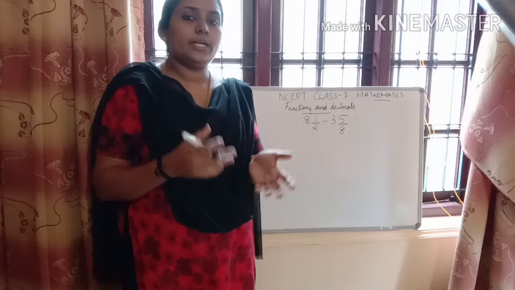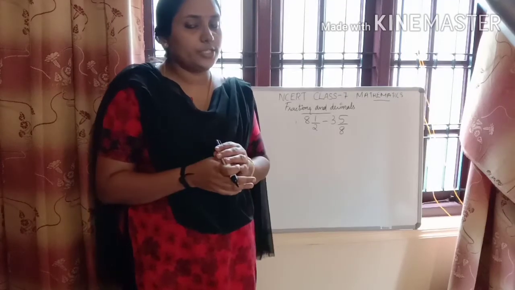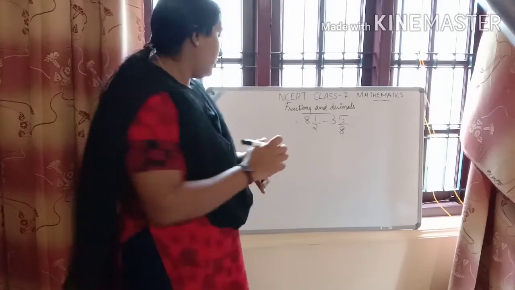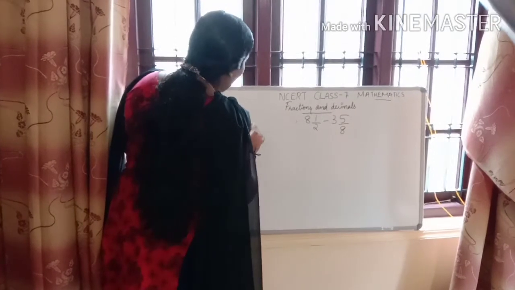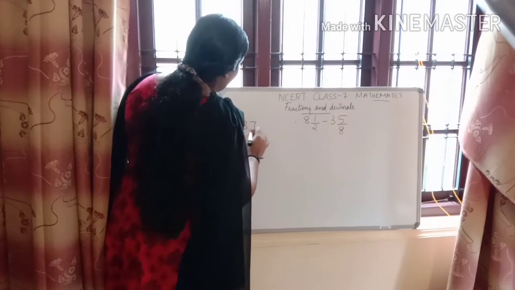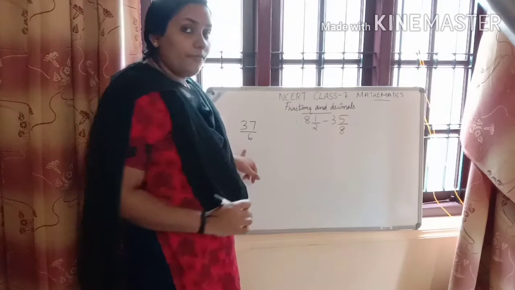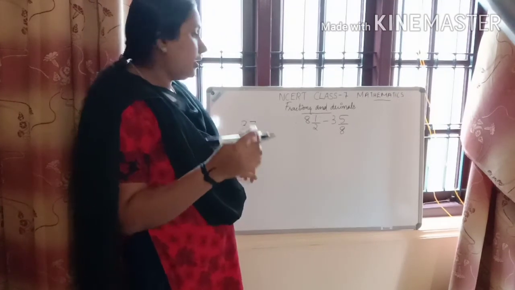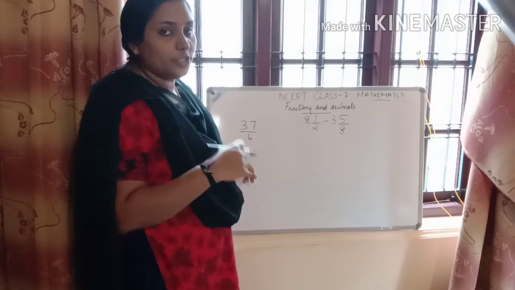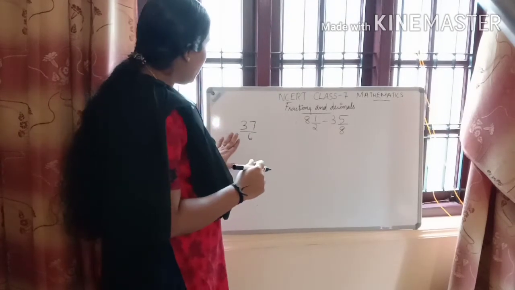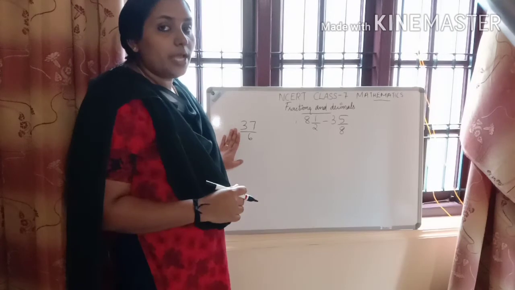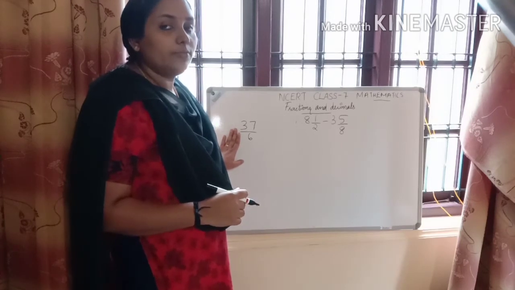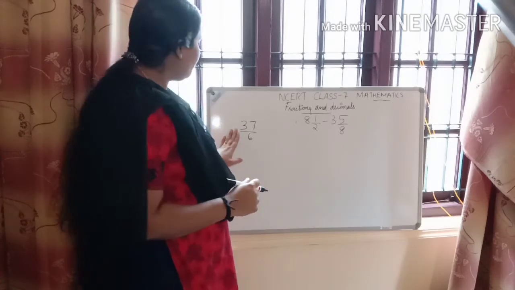How can we convert an improper fraction to a mixed fraction? Let us see some examples. For example, we have seen 37 by 6. From this question, we can learn how to convert from an improper fraction to a mixed fraction. Here this is an improper fraction, and you should convert it to a mixed fraction.